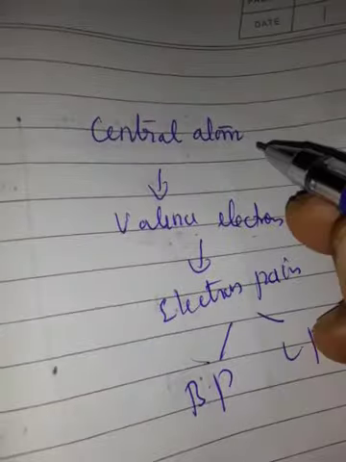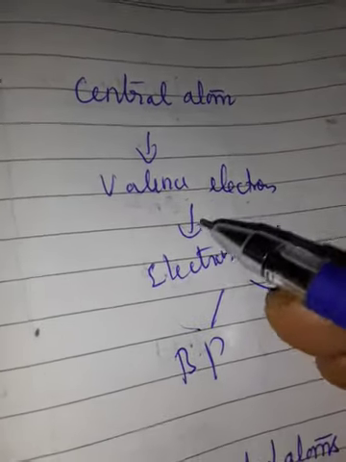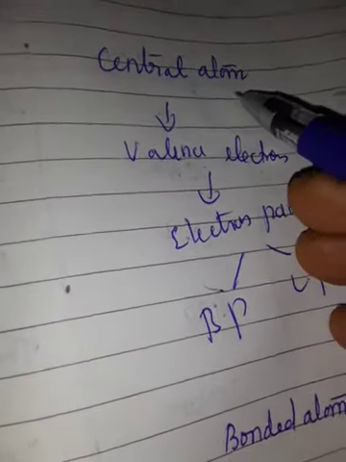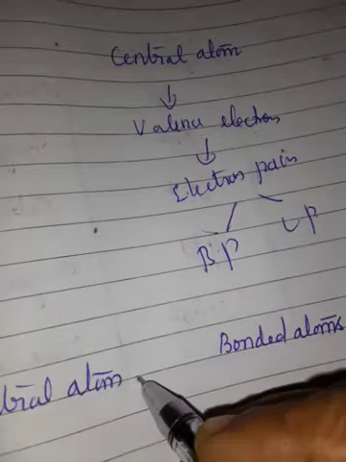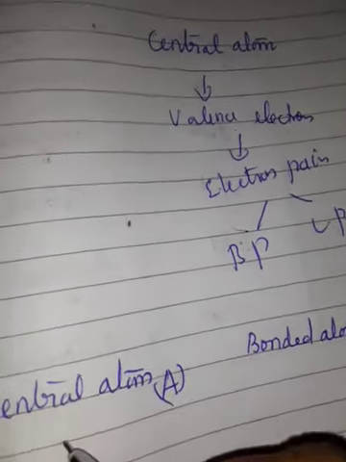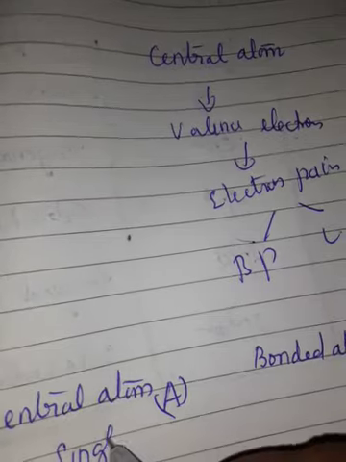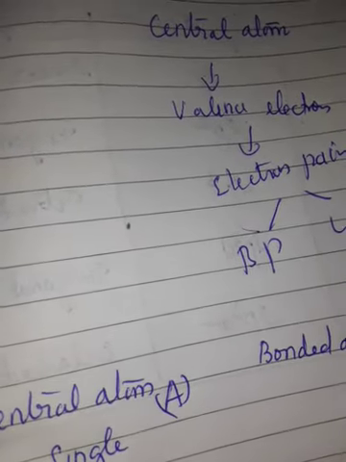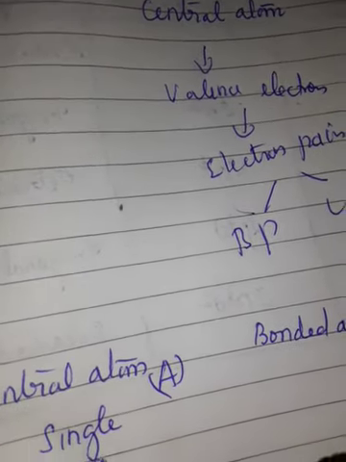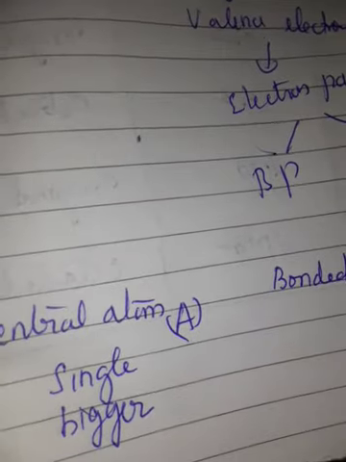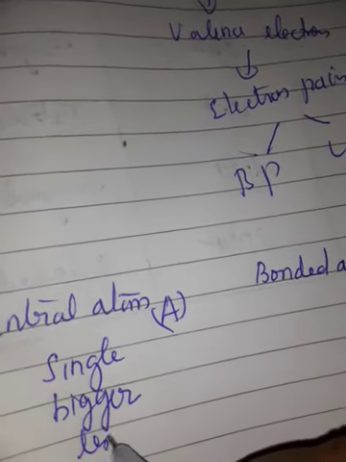If we take the central atom as A, it should be a single atom, not paired. Similarly, in a bigger molecule, it should be the less electronegative atom.